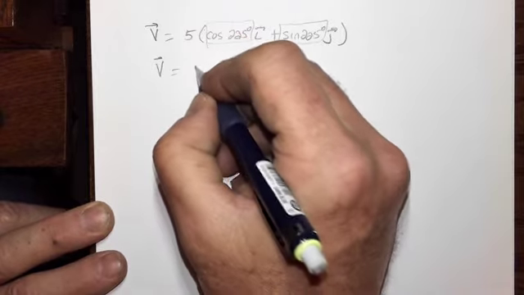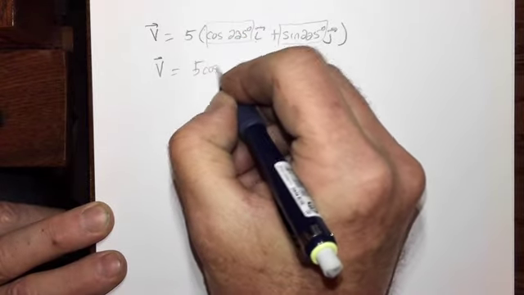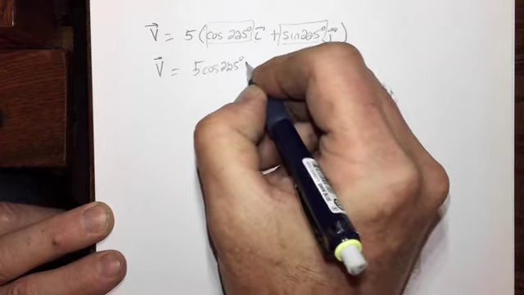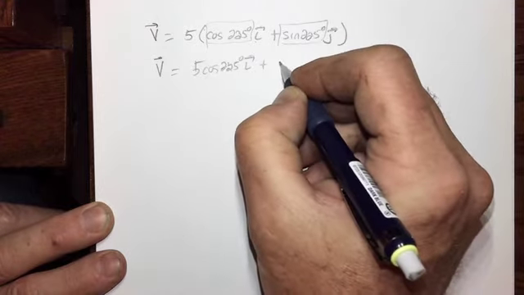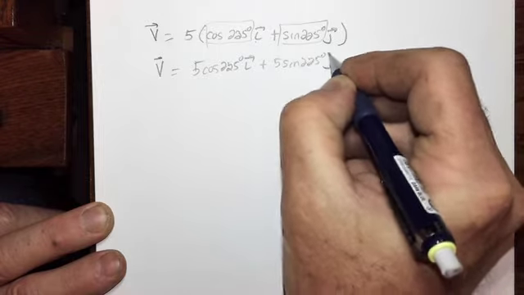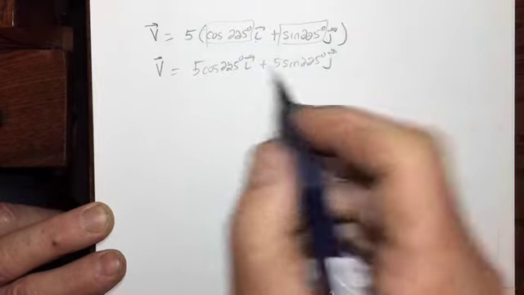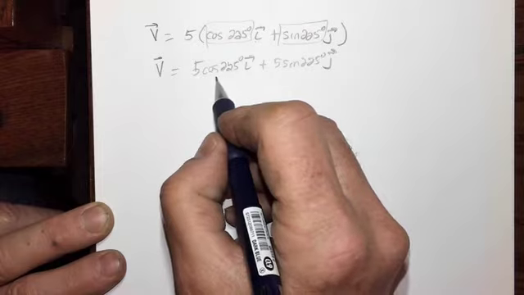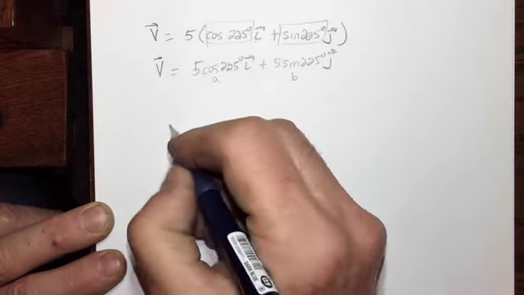V is going to equal 5 cosine of 225 i plus 5 sine 225 j. The magnitude then, this is a, this is b.